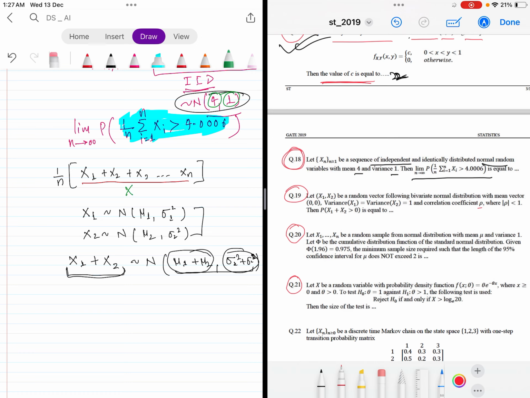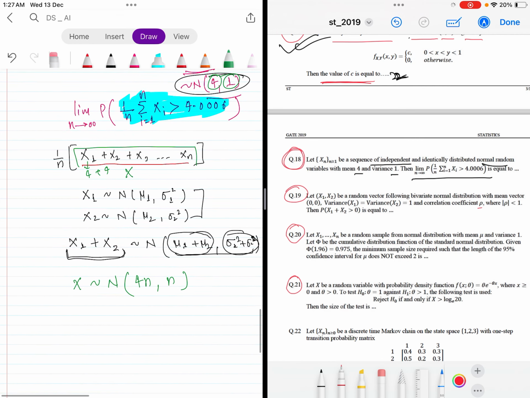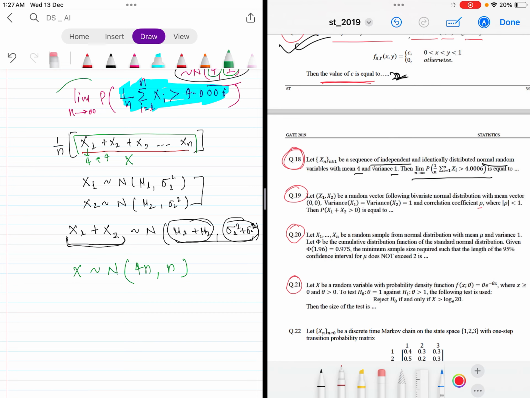Now the problem gets converted into the probability that X is greater than 4.0006 n, after taking the 1 by n term to the right-hand side.